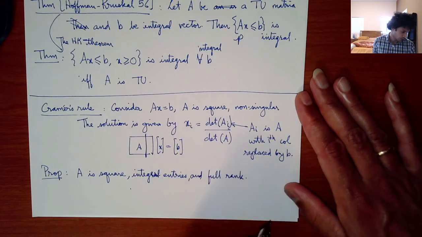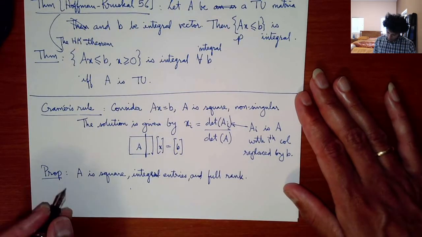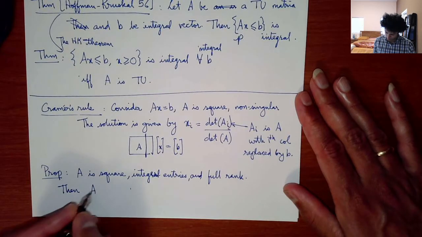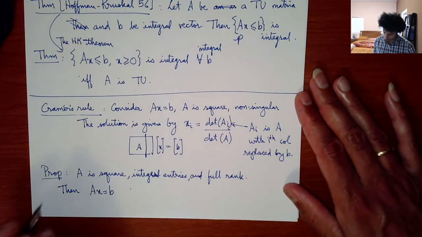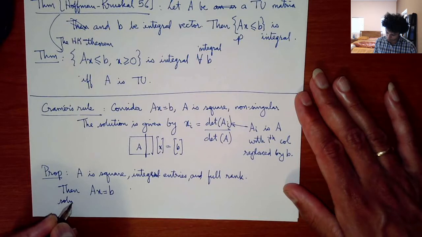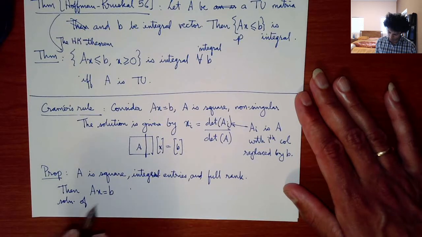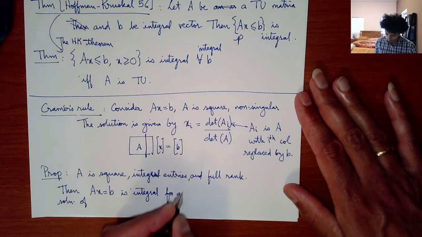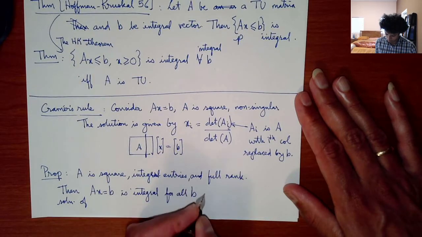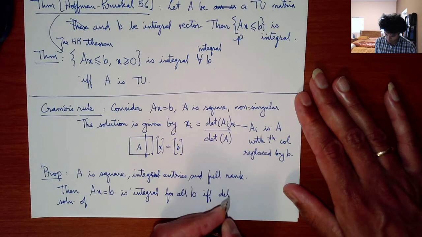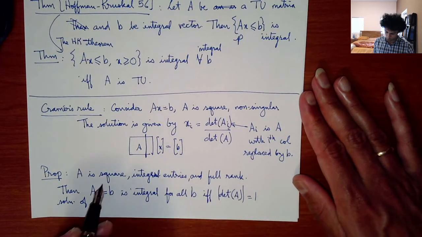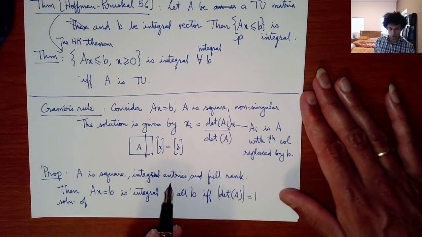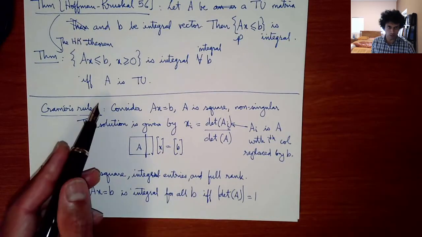Then the solution of Ax equal to b is integral for all b if and only if the determinant of A has an absolute value of 1. So you have a square matrix that is integral and it has full rank. So it's going to satisfy the conditions of Cramer's rule.